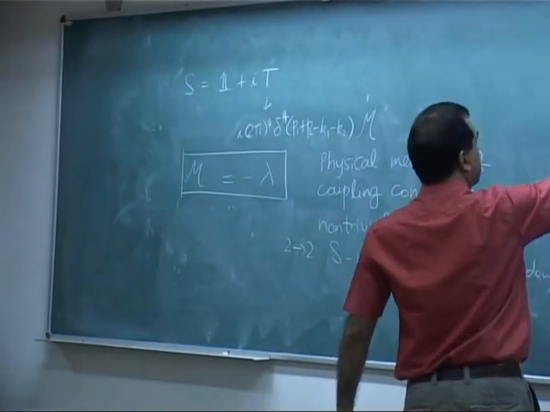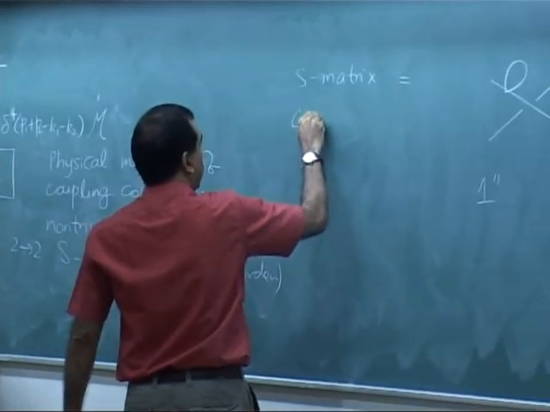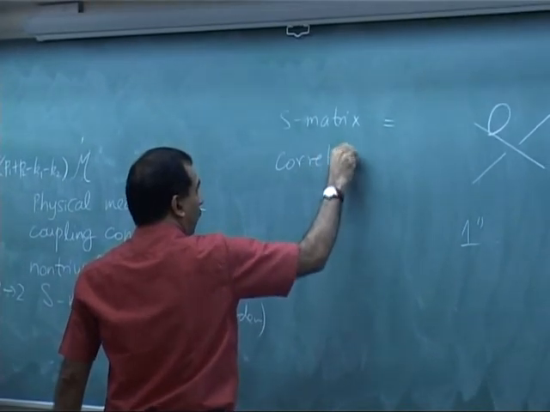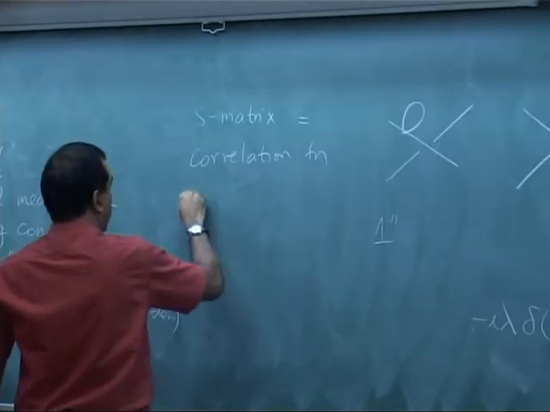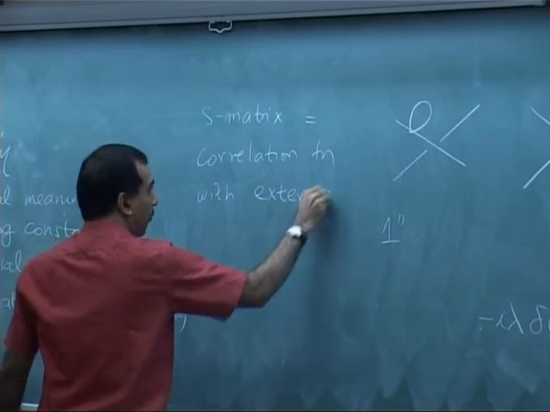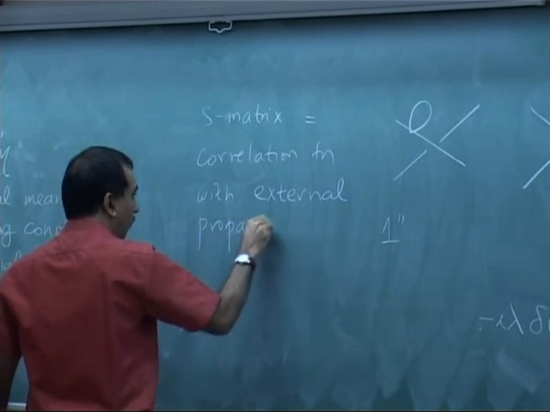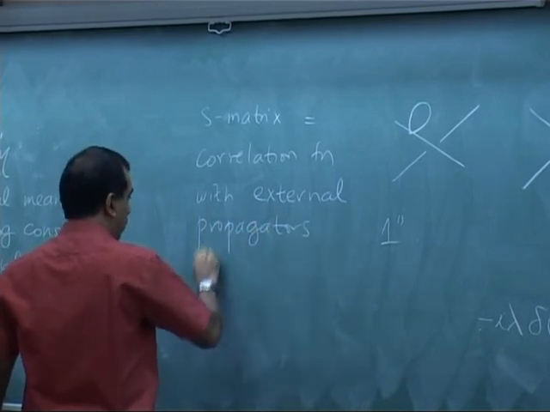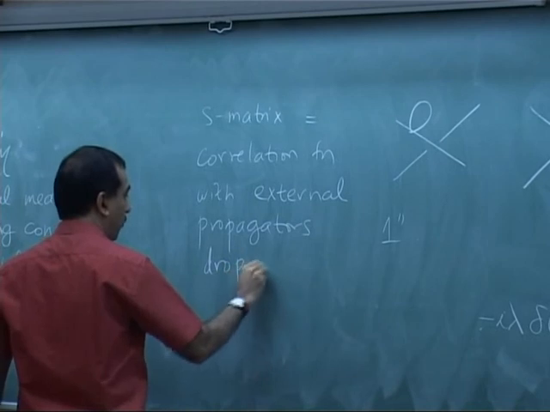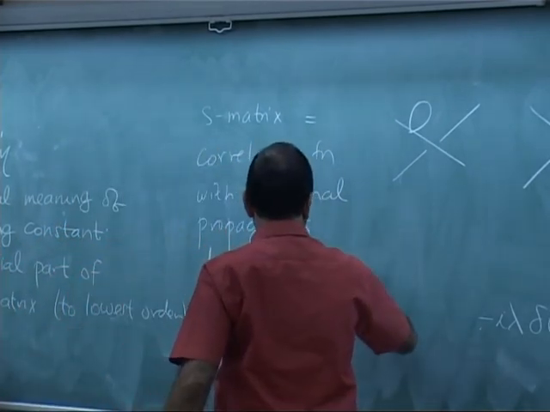So the S matrix equals the correlation function with external propagators dropped, or in surgical language, amputated.